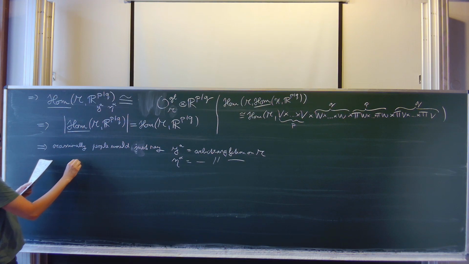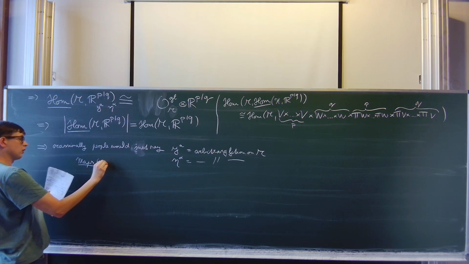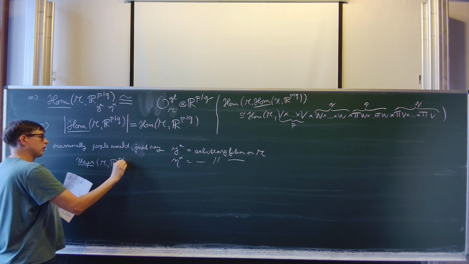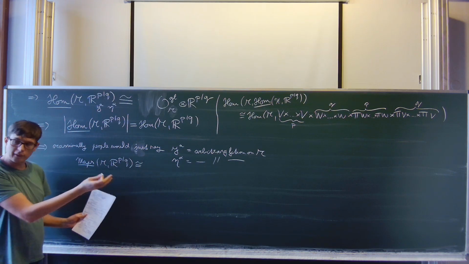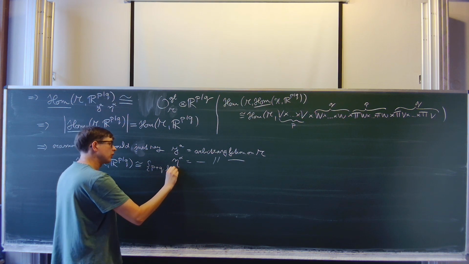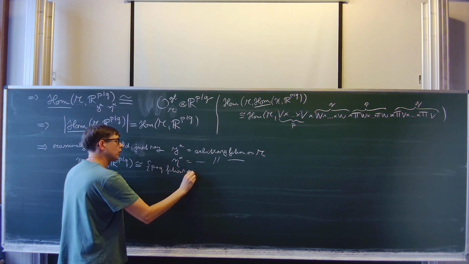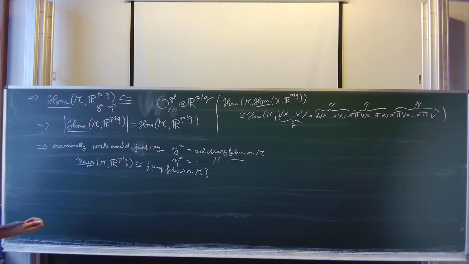Or you can say that maps like this correspond precisely to this. If you want to write something analogous to the proposition, you can say that this corresponds to picking p plus q functions on M. But again, you should be careful with this because it's not really rigorous.